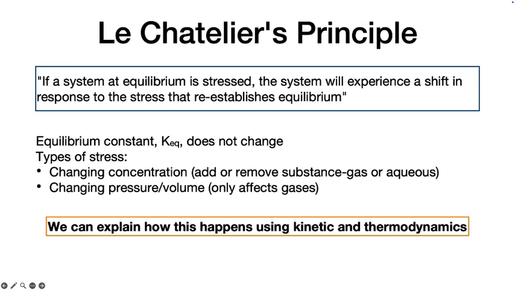So bullet number 1, you're changing things for your aqueous systems. Bullet number 2, you're changing things for your gaseous systems. Kind of makes sense? Okay. And if I change the products or reactants, does my equilibrium constant change?